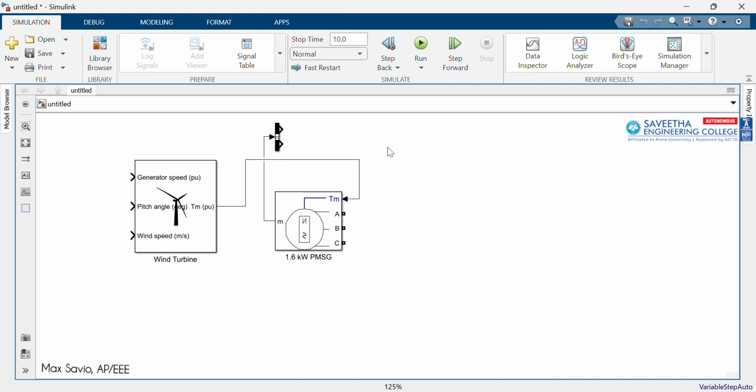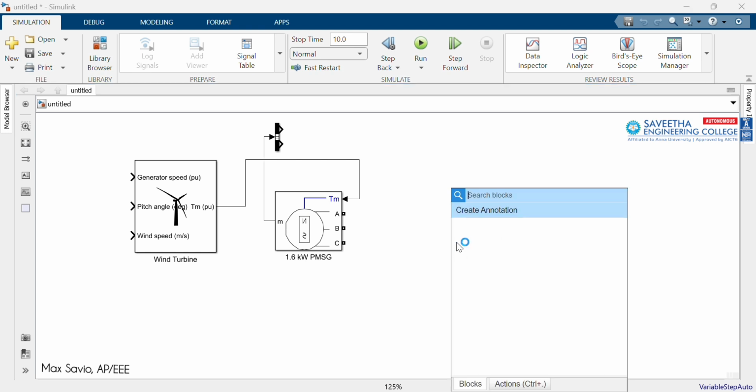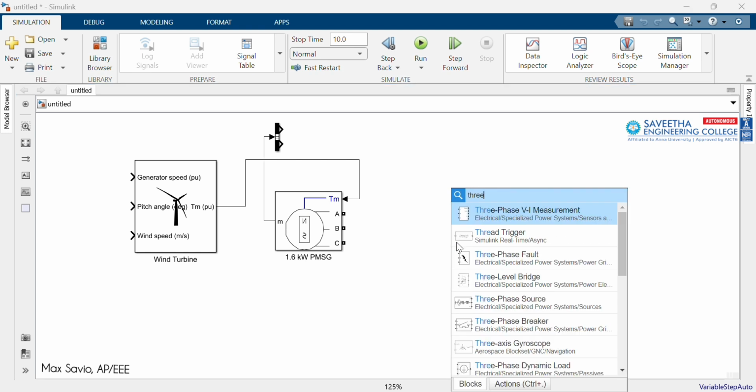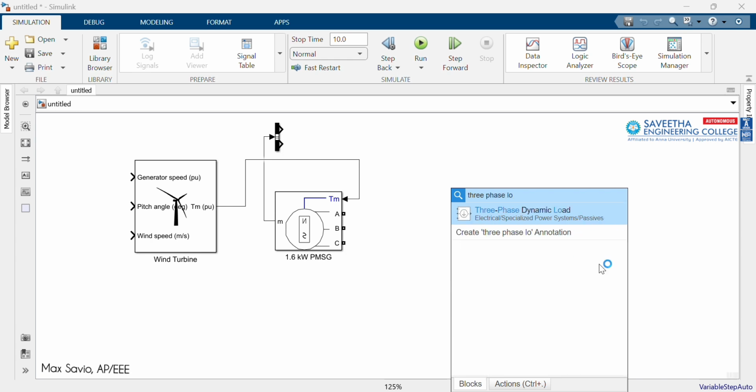Now the load has to be connected here. So I'll use a three-phase load.